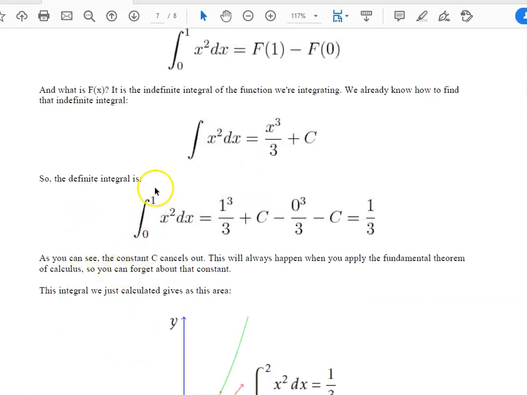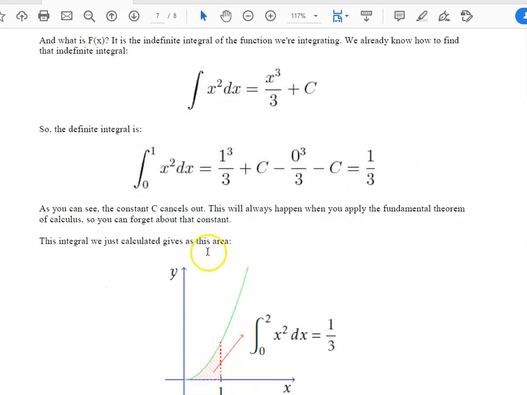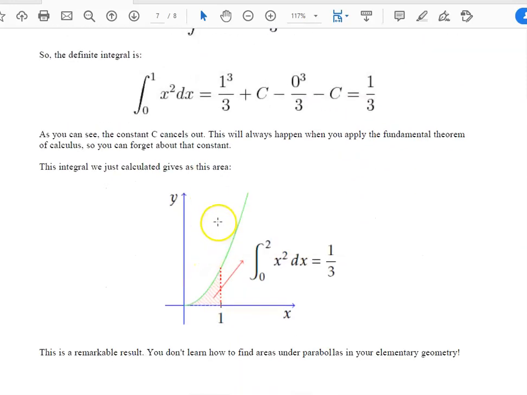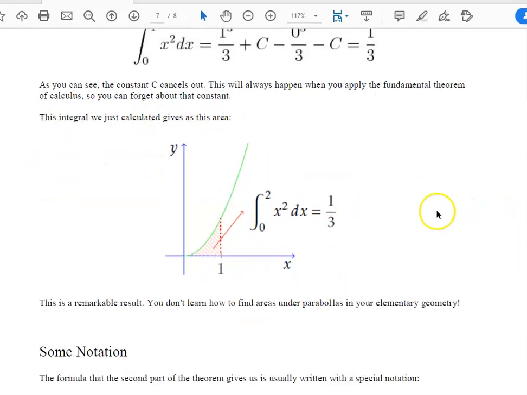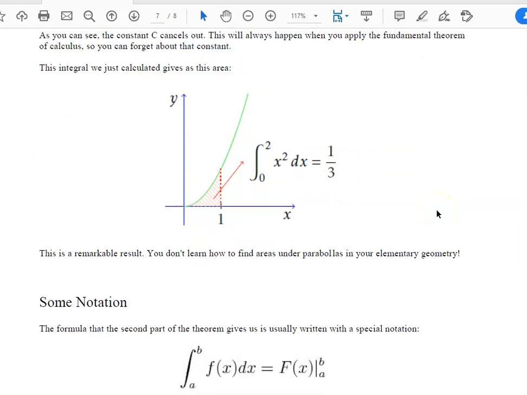When you go from 0 to 1, you get 1 cubed over 3 plus some constant c, minus 0 cubed over 3 minus, because we're distributing the negative, constant c. The c's cancel. Of course, 0 over 3 is just 0, and 1/3 is our answer. So you don't have to worry about those constants. And it gives the area of 1/3. Or you can use the Riemann sums, which can take half a page.